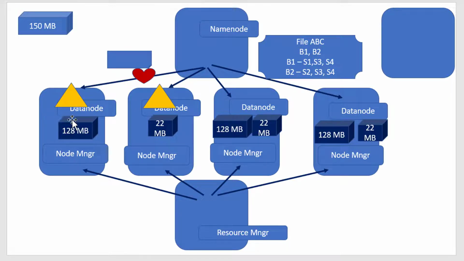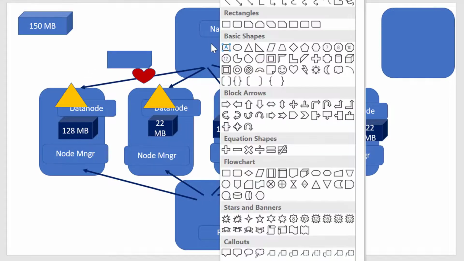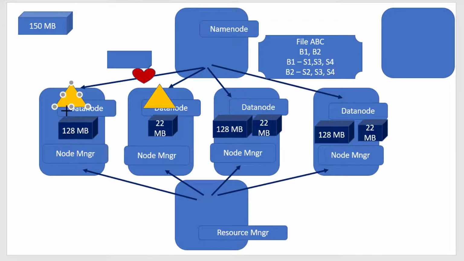A copy of the code will be scheduled to execute on the same machine where the block is located. So the processing happens locally, and there is no movement of data.